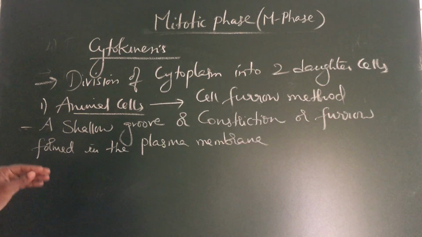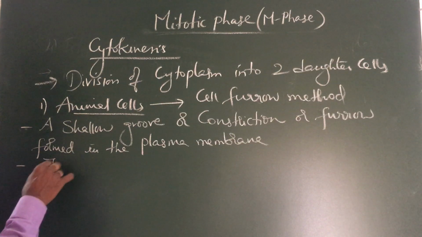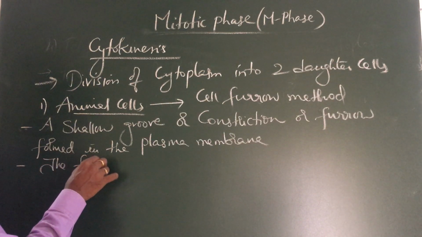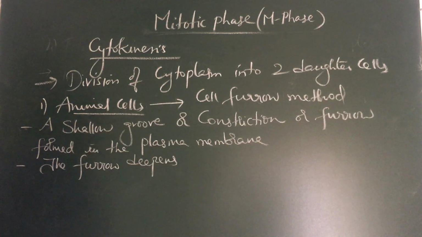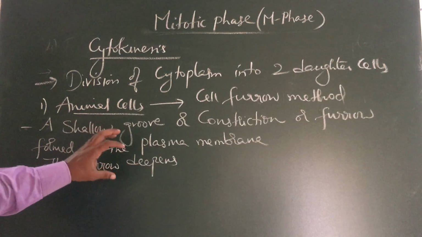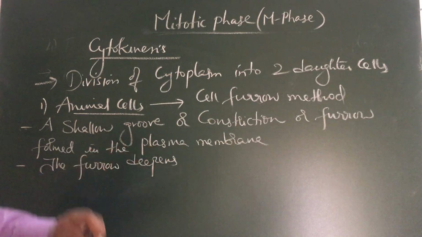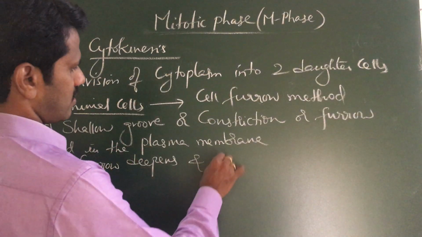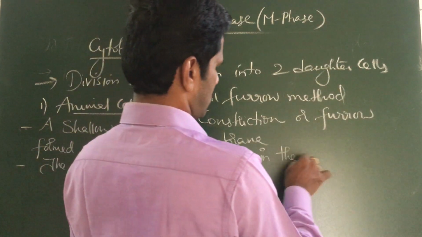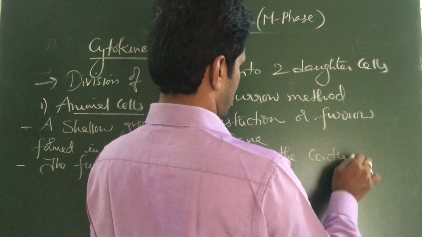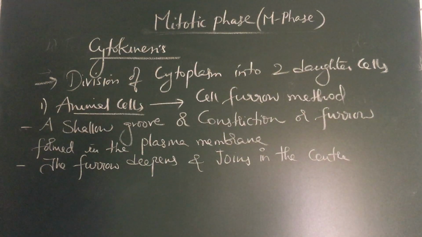So the furrow deepens and joins in the center, which divides the cytoplasm.